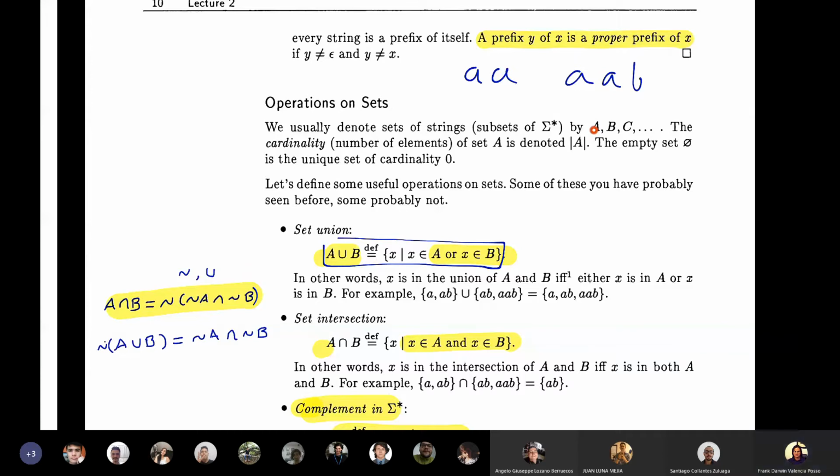So we're going to use A, B, C, and capital letters like this to denote sets of strings. The cardinality of the set, that is the number of elements of the set, is expressed like this.